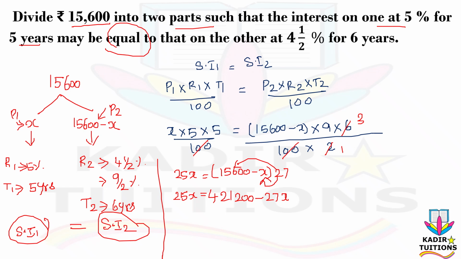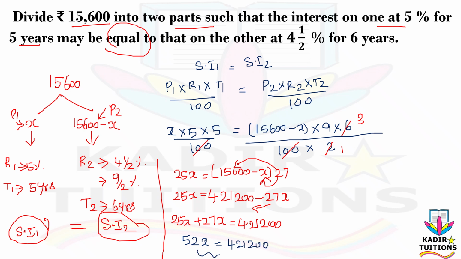We'll move this 27x to the LHS, so it becomes positive: 25x plus 27x equal to 4,21,200. If we add 25 and 27, we get 52x, which is equal to 4,21,200.